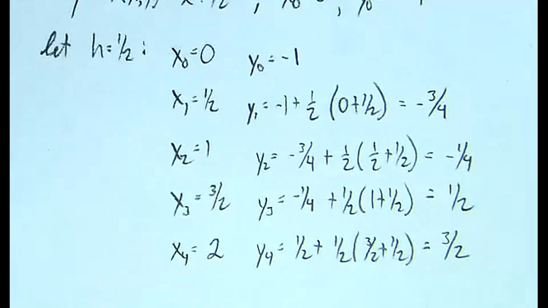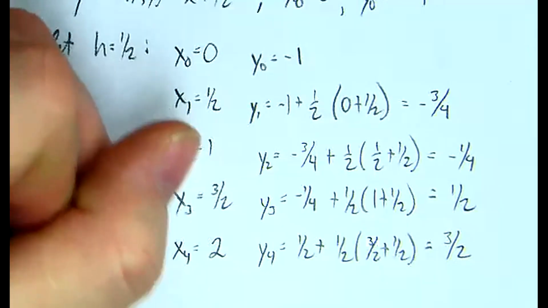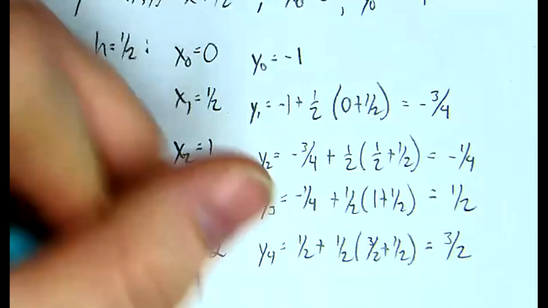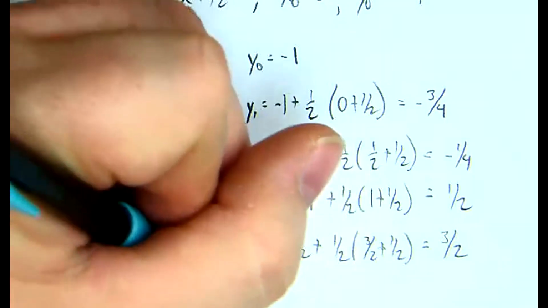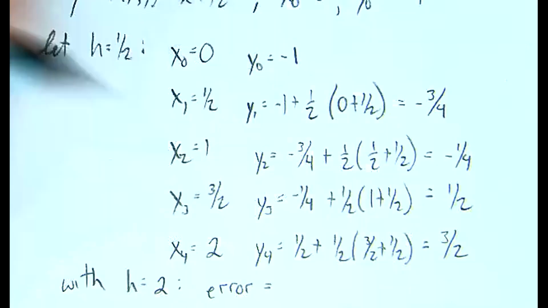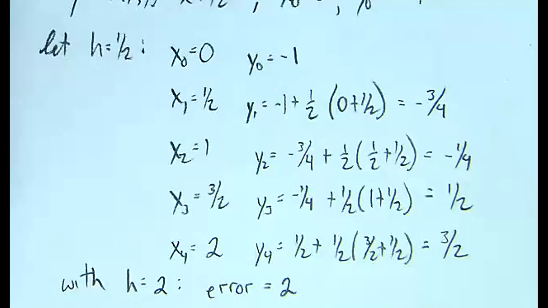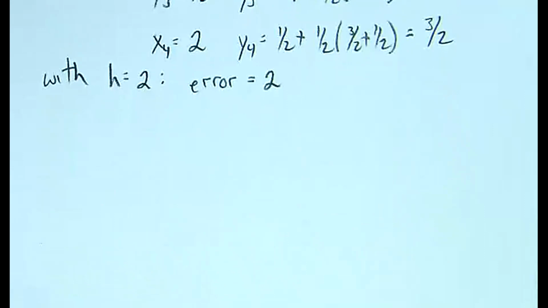And so remember, using a step size of 2, our error was, we were off by 2, because we know the exact value is 2 and we got an approximation of 0.